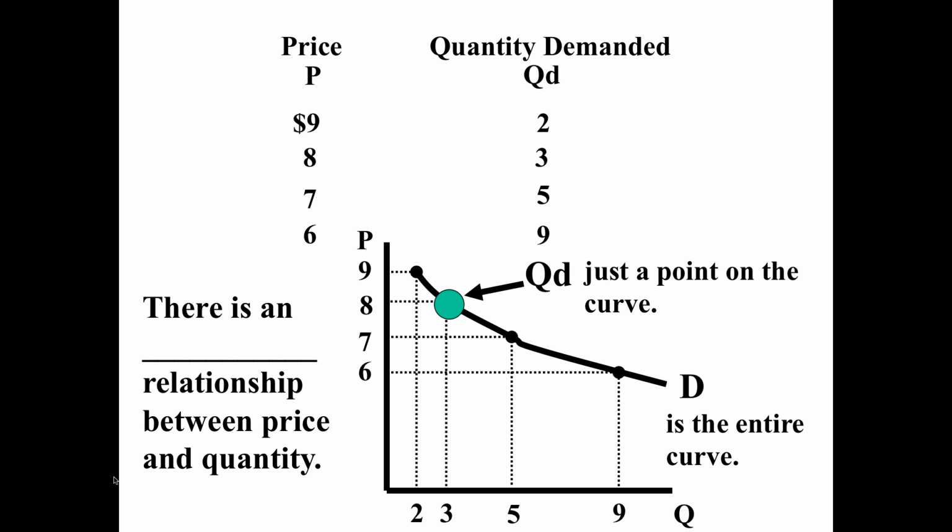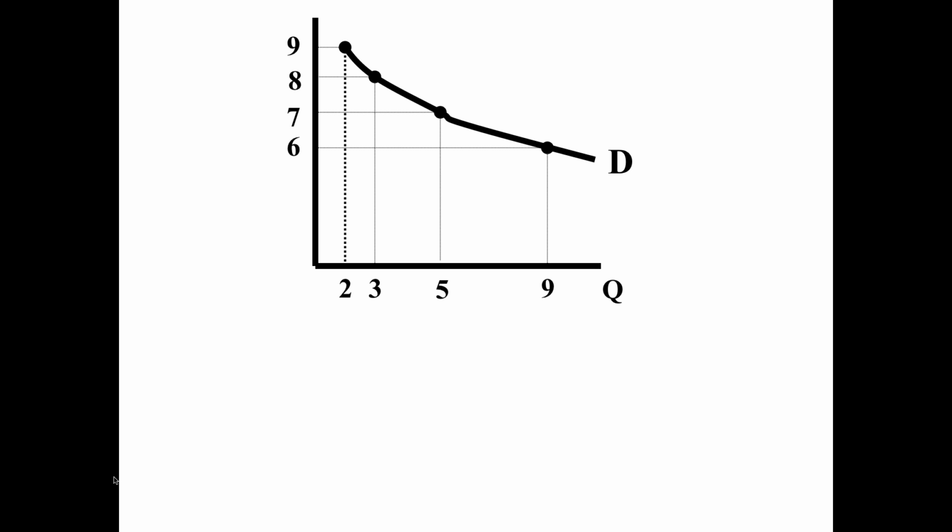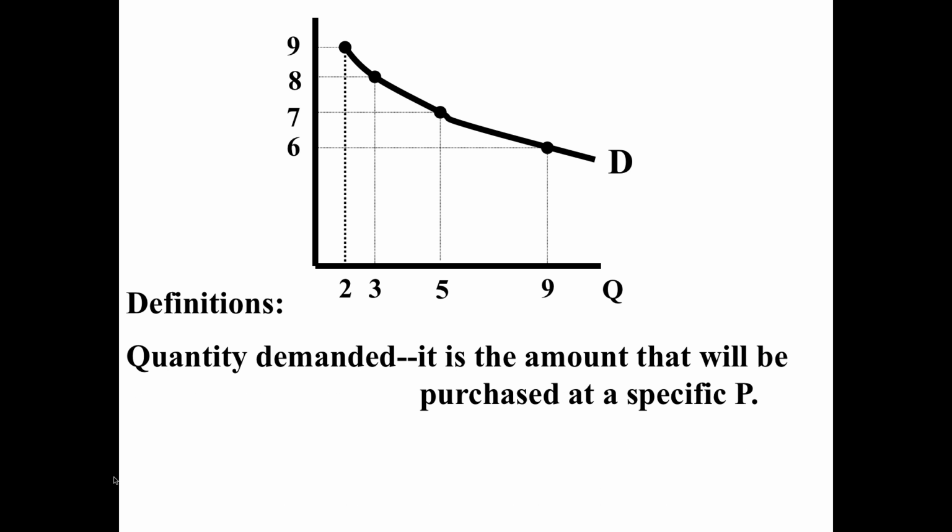All right, so notice here we already talked about this, but there's an inverse relationship between price and quantity, and that causes the demand curve to be downward sloping as you go left to right. Now, let's talk about some definitions. So quantity demanded, that is the amount that will be purchased at a specific price.